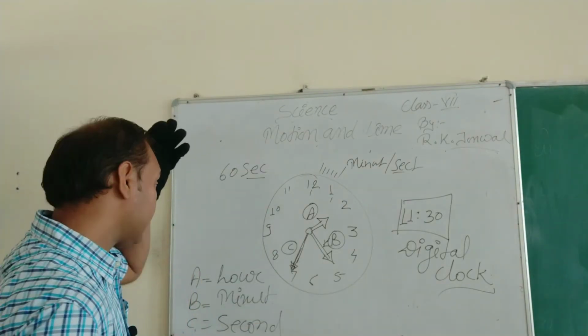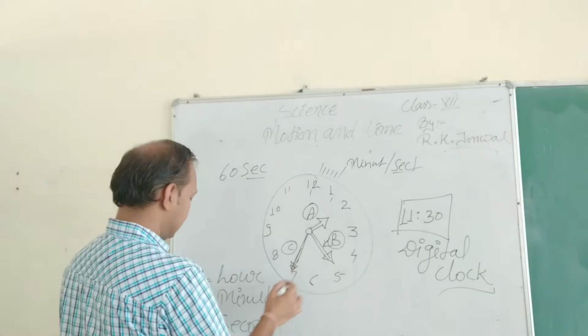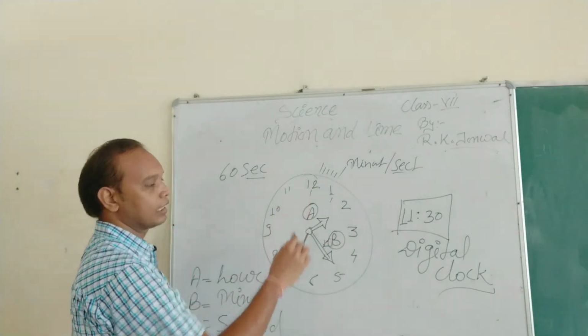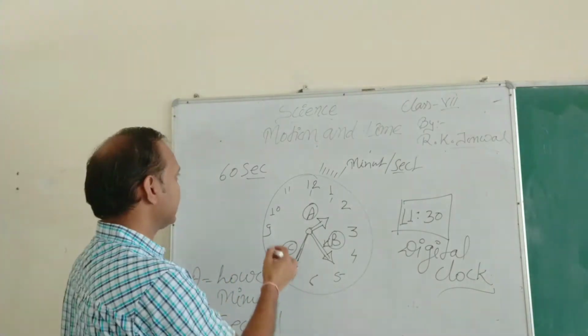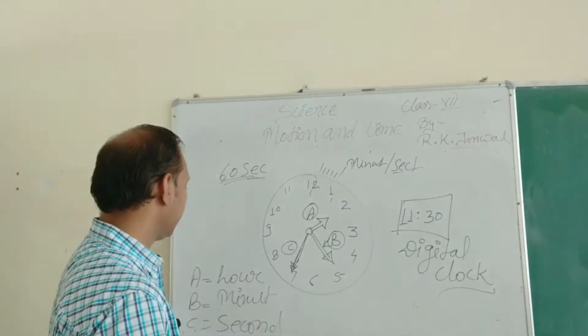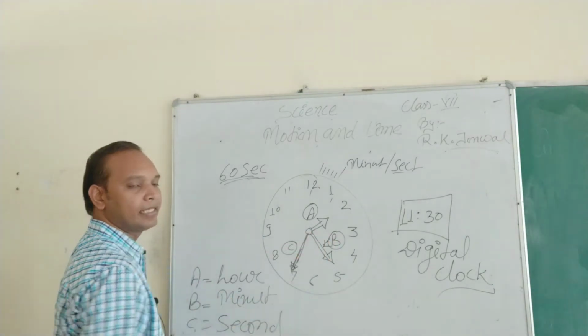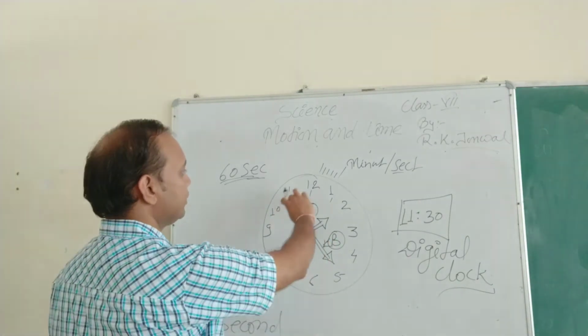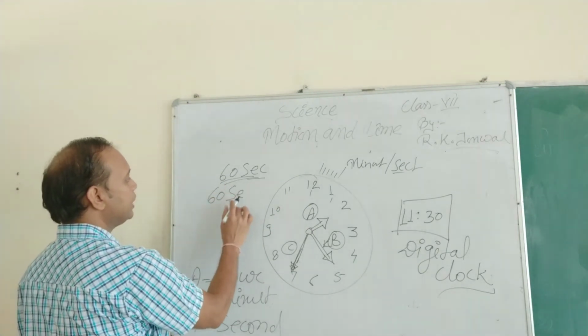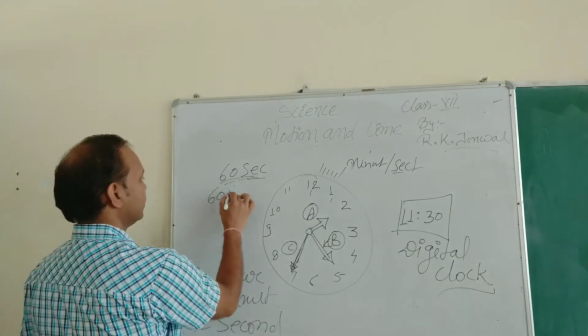Then you can see here, if this C needle completes one circle in this clock, then we can say it is the 60 second duration. If that B needle, that is the minute needle, completes one circle, then we can say it is the value of 60 minutes.